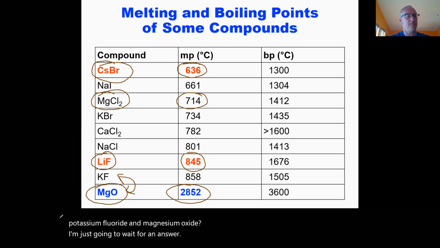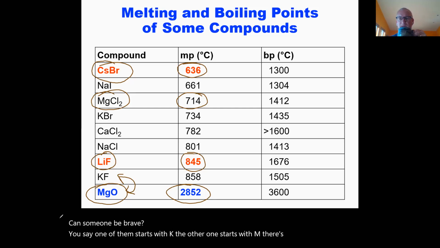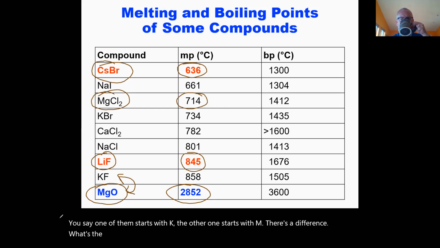Come on, someone be brave. You say one of them starts with K, the other one starts with M, you know, there's a difference. What's the main difference between those two ionic compounds?